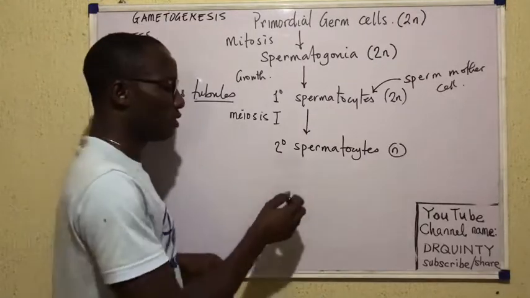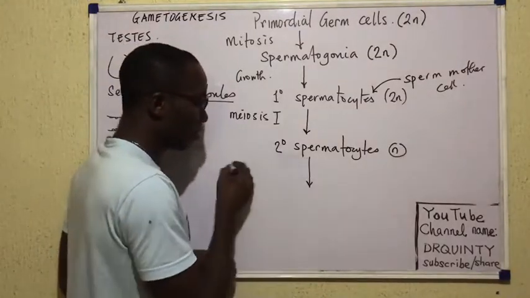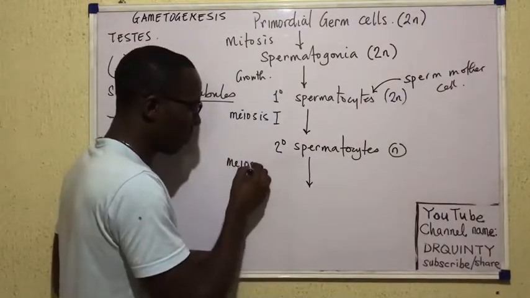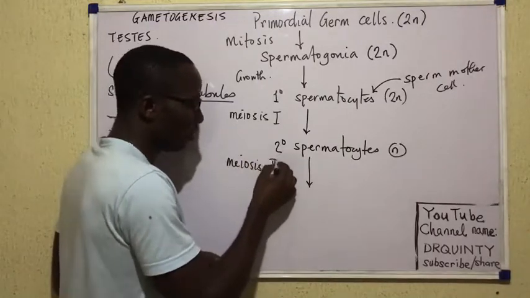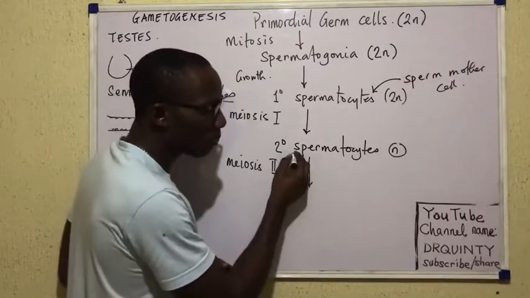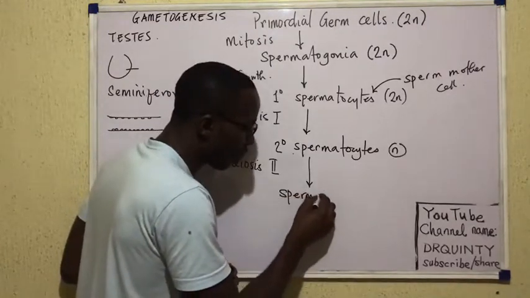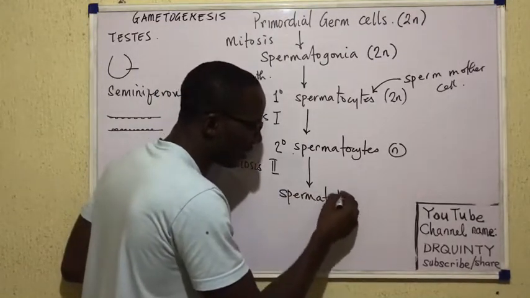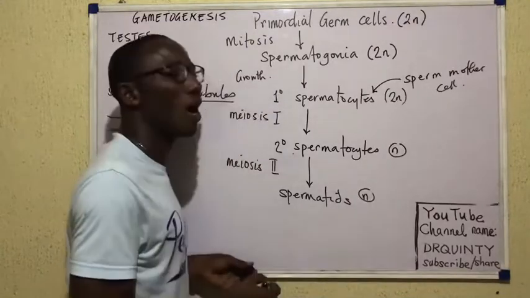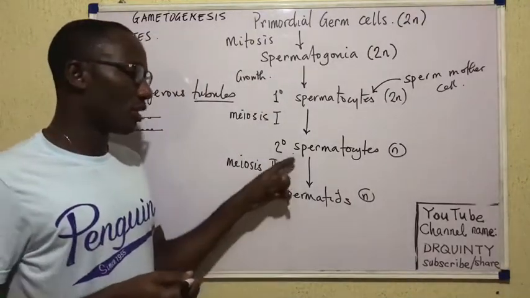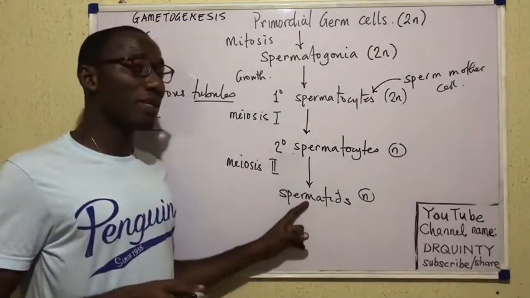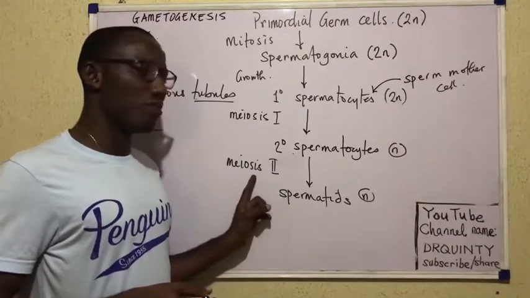Then comes meiosis 2. During meiosis 2, we have this secondary spermatocyte dividing to become what we call spermatids, which are also haploid. So the secondary spermatocyte becomes the spermatids by way of meiosis 2.